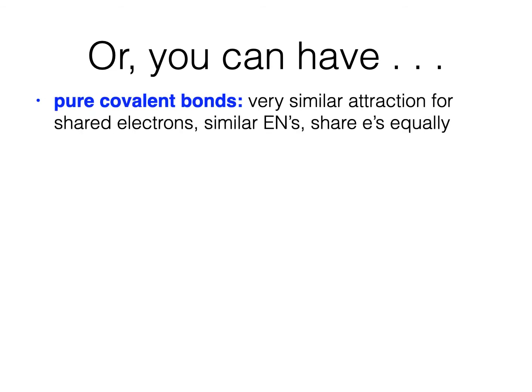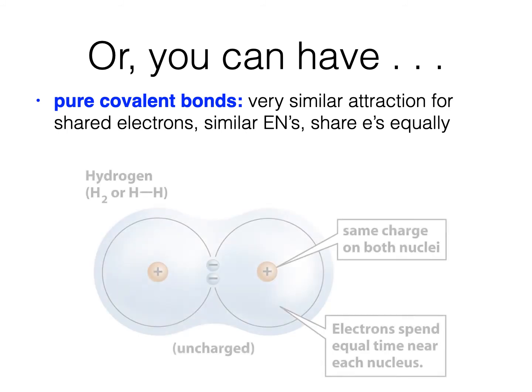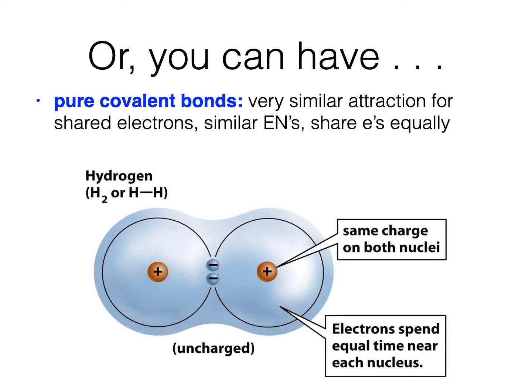At the other end of the spectrum, we have what are called pure covalent bonds. Pure covalent bonds form when two nonmetals share electrons. They have similar electronegativities, and they share those electrons equally. Here, this is depicted by a hydrogen molecule formed from two hydrogen atoms. Both are nonmetals.